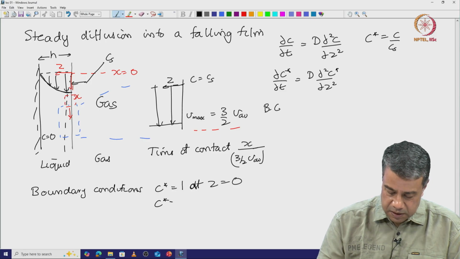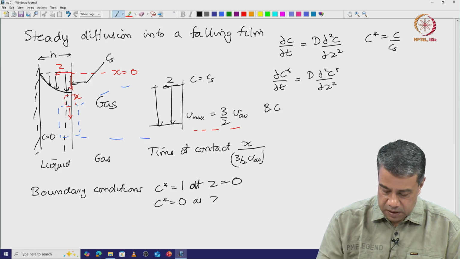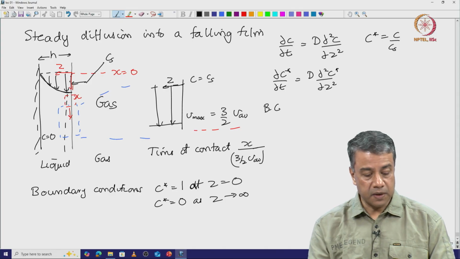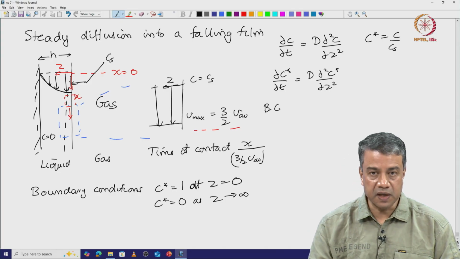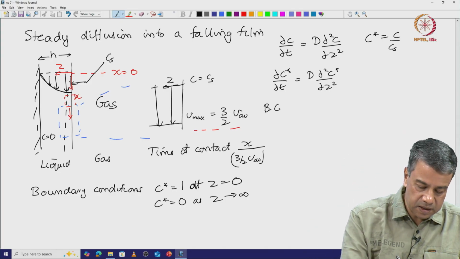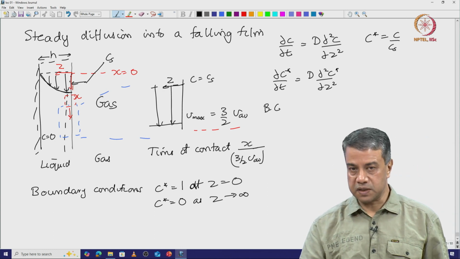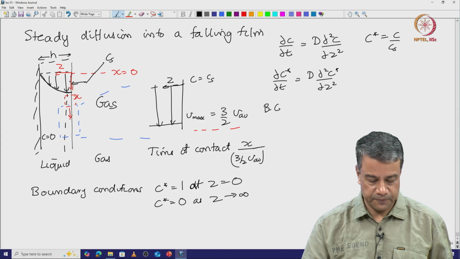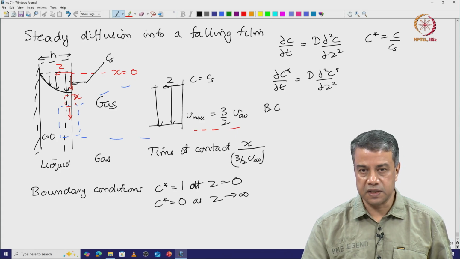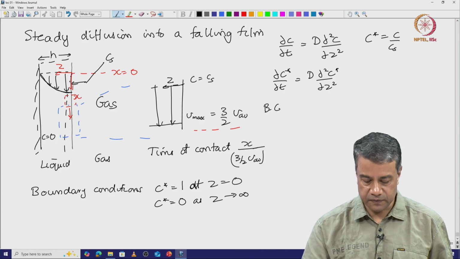C star is equal to 0 as z goes to infinity, because we are considering an approximation where the penetration depth is much smaller than the height of the film. Therefore, C star has to go to 0 as z goes to infinity.